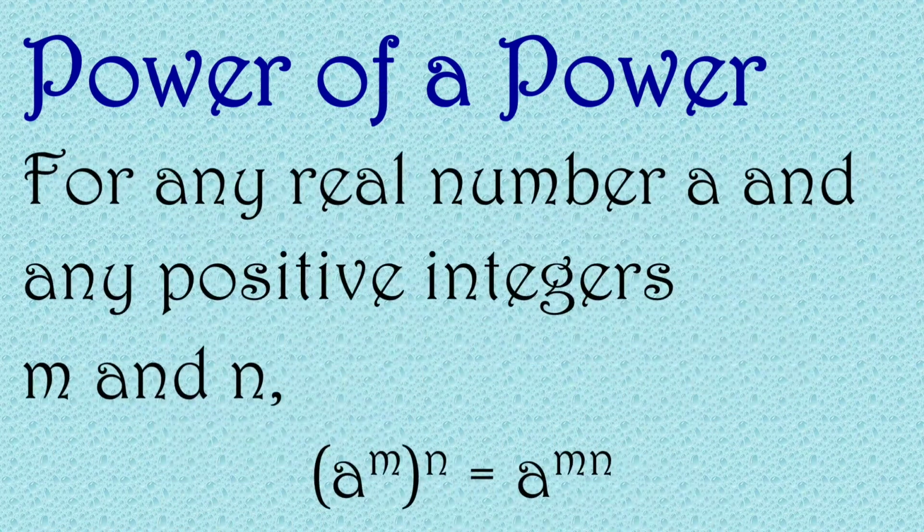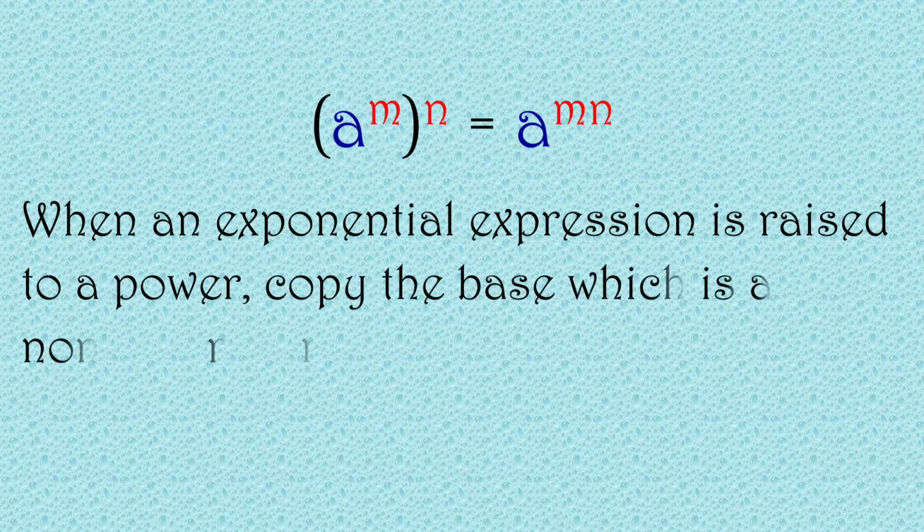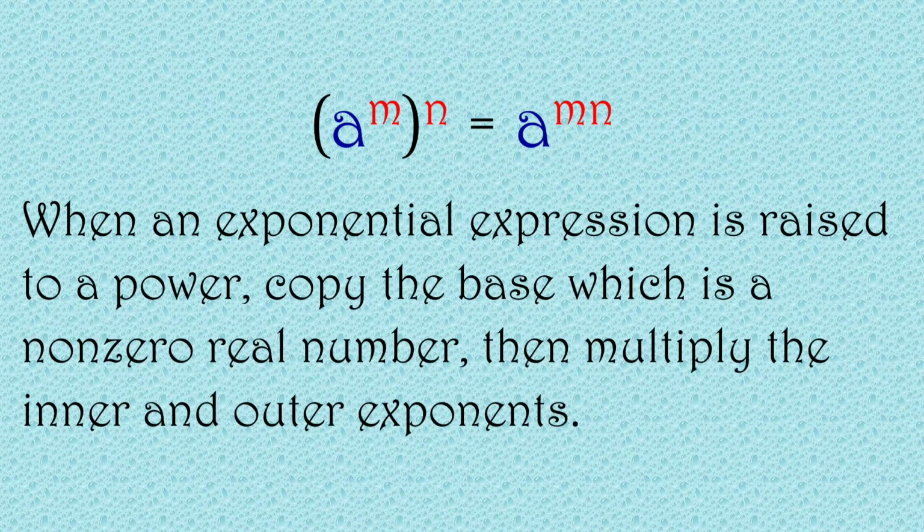Next, so power of a power. For any real number a and any positive integers m and n, quantity a raised to m raised to n is equals to a raised to mn. So, when an exponential expression is raised to a power, copy the base, which is a non-zero real number, then multiply the inner and outer exponents.